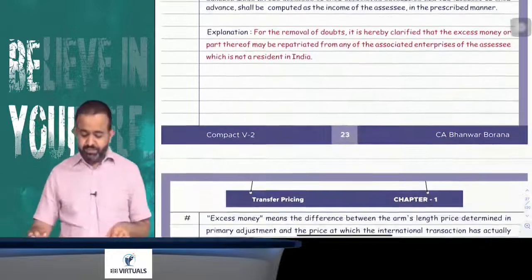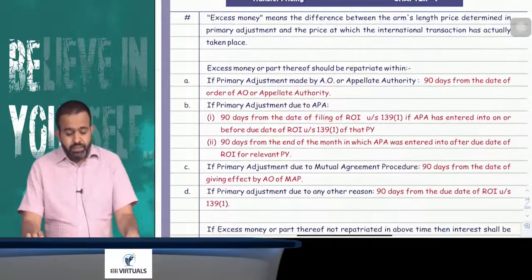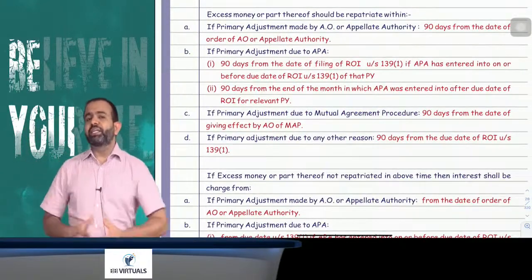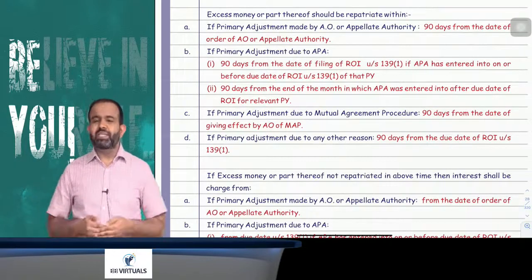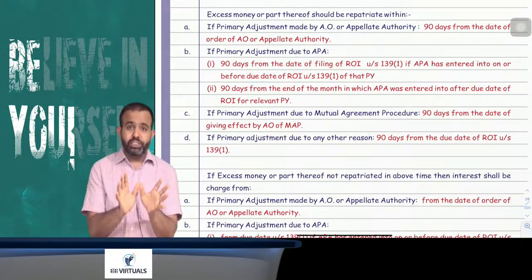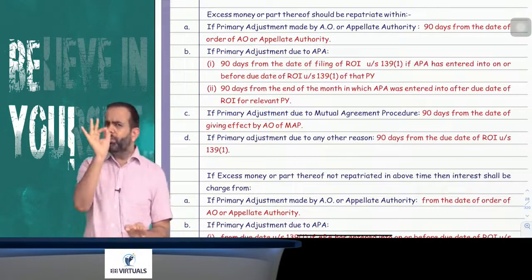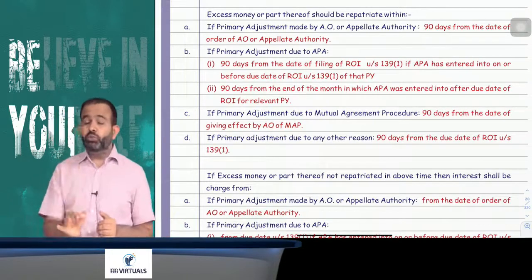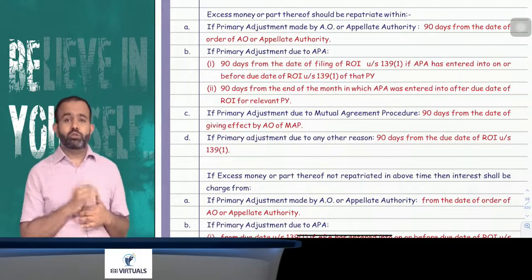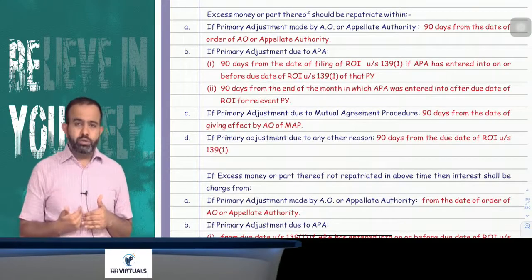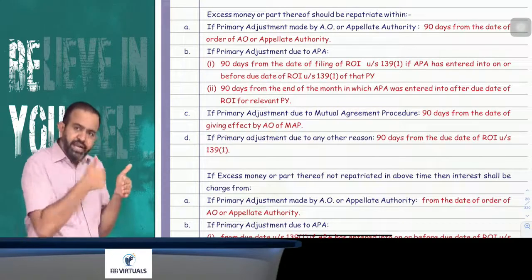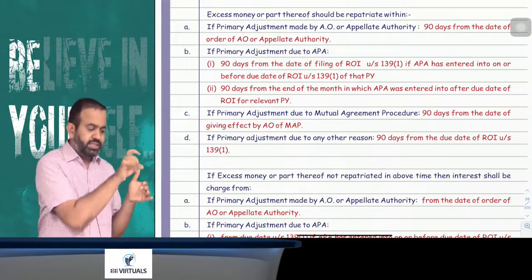Yes. Now the next part is, sir, that excess money has to be repatriated to India within 90 days, but from which date will those 90 days be calculated? So first, suppose a primary adjustment is due to the order of the assessing officer or appellate authority. Means the order of the appellate authority or assessing officer, then from the date of the order.